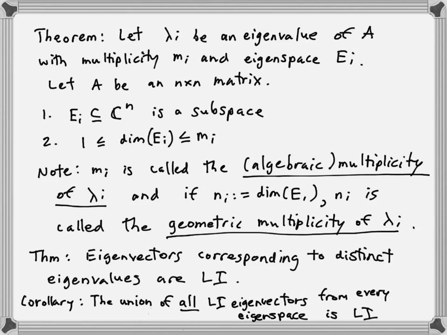So if you take all eigenvectors from every eigenspace that are linearly independent, because of the theorem above, this means that they're all linearly independent from each other. And so we have a new definition. Or rather, this is not a new definition, but let me formally write this down because we've been talking a lot about defective and non-defective. We want to formally state this here because we are about to give a corollary. Okay, so let A be an n by n matrix.